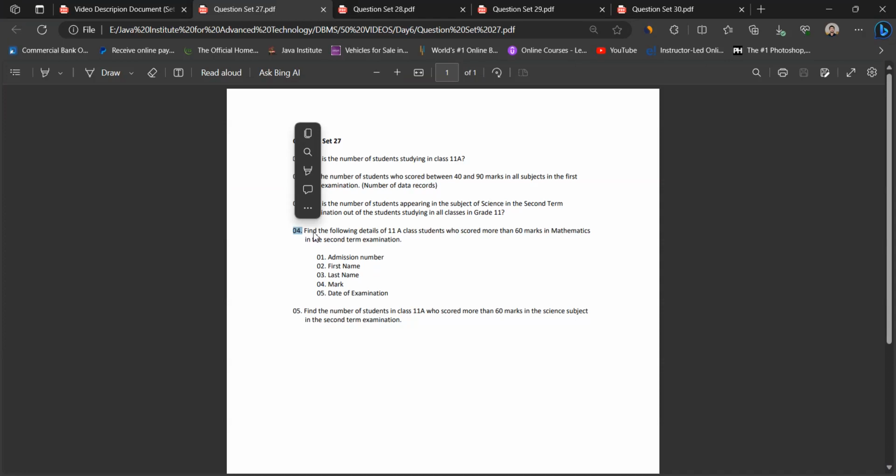Fourth question, find the following details of 11A class students who scored more than 60 marks in mathematics in the second term examination. So we have to display these details.